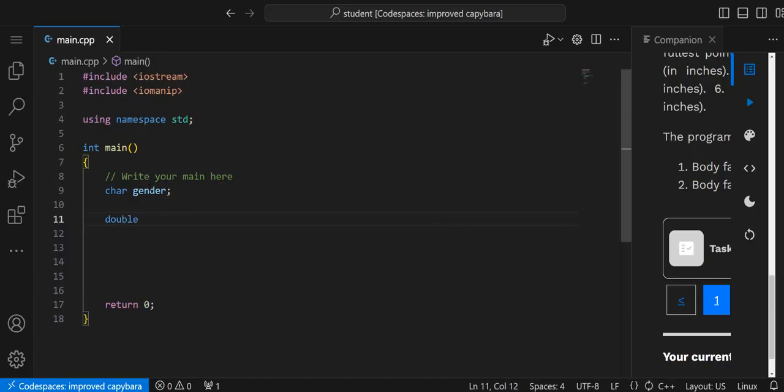The first one will be body weight. Then we'll do wrist measurement at fullest point.